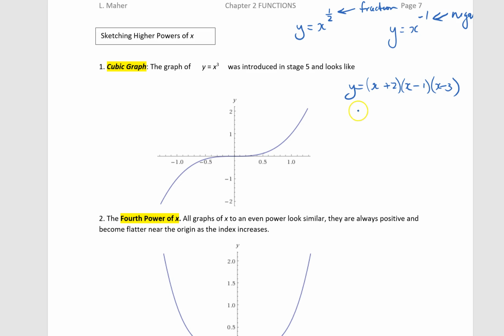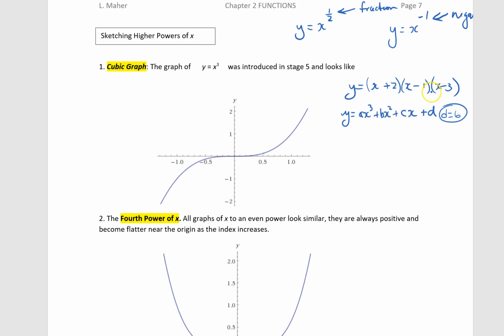So we would end up with, in general form, ax cubed, some number of x squareds, some number of just x terms, and a constant. And you can probably see the constant is 2 times minus 1 is minus 2, times minus 3 is plus 6. d would actually be equal to 6, just as a point of interest.